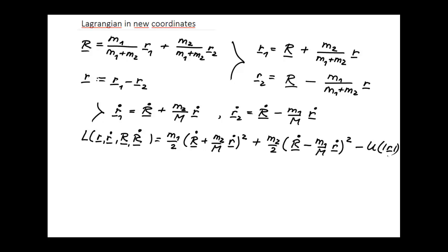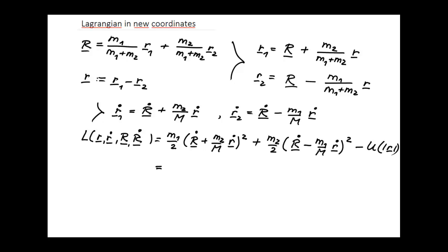All right, then we have to evaluate these squares. From the first bracket squared, we get m1 over 2 r dot squared. From the second bracket squared, we get m2 over 2 capital R dot squared.